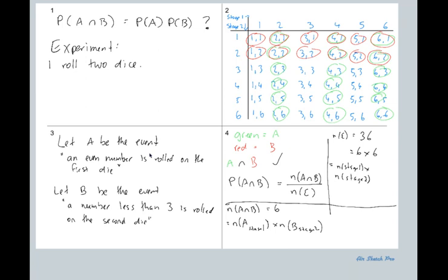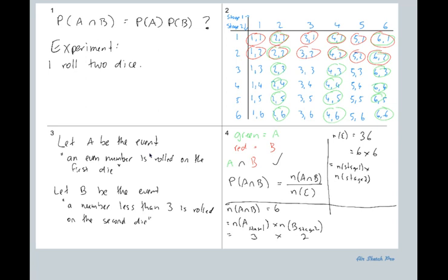When I limit my thinking to stage 1, there are 3 outcomes in A. And when I limit my thinking to stage 2, there are 2 rows of matching outcomes. So it's 3 times 2, which gives me my 6.